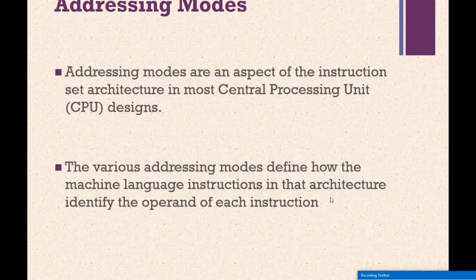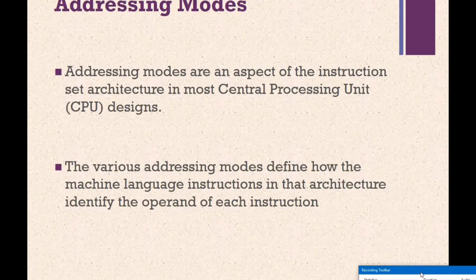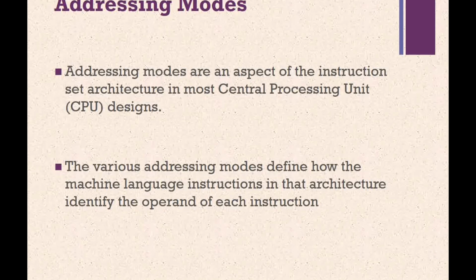In the last lecture, we discussed different operands and instructions like subtraction and multiplication. Addressing modes will guide us on how these instructions will work, and they guide the processor on which instruction has what task and how it will work.